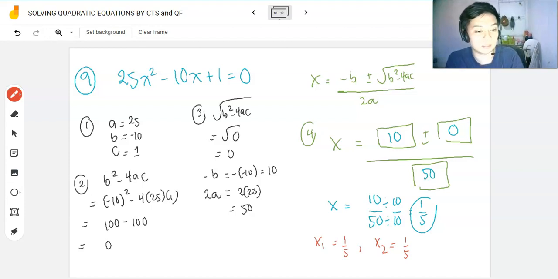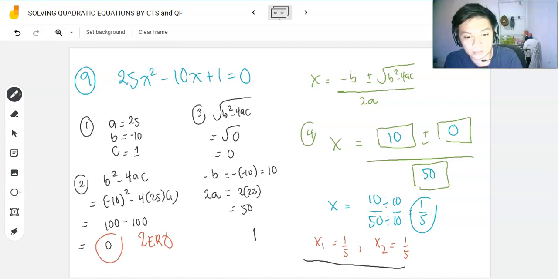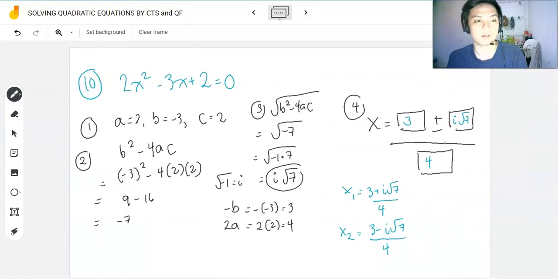So, ano ang discriminant dito? Ganun pa din. Exactly 0. At anong klaseng roots ang meron dito? Real, rational, and equal.